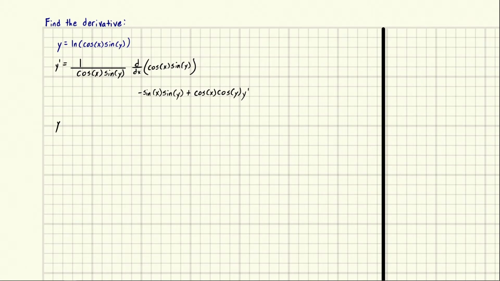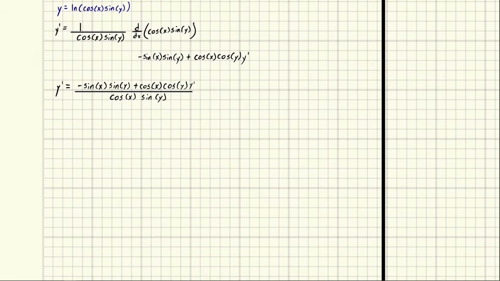So our new result is going to be, is there any simplifying we can do here? Anything? Doesn't look like it. We're going to get negative sine x sine y plus cosine x cosine y y prime over cosine x sine y equals y prime.